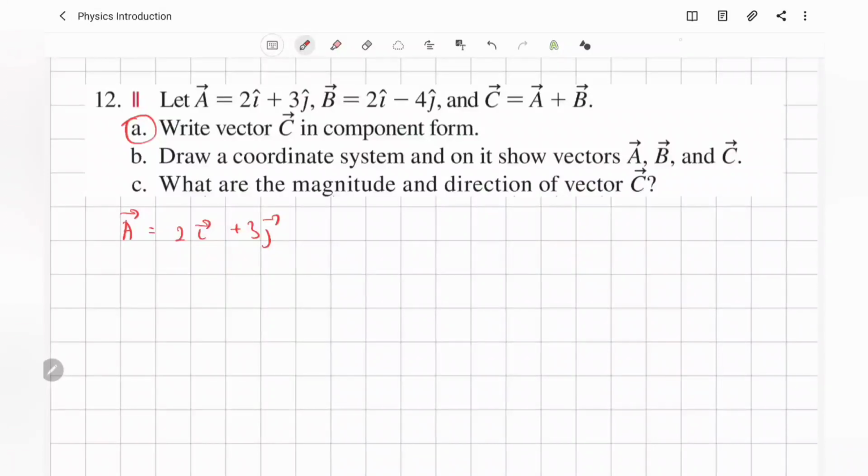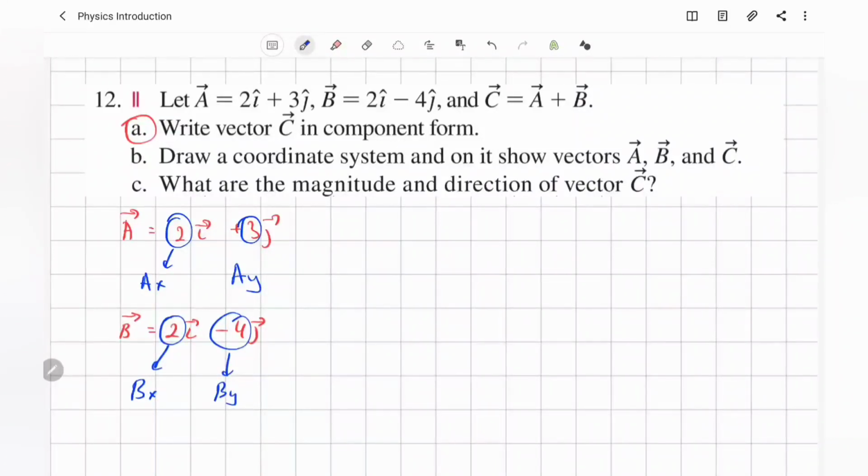As we said before, 2 is the x component, 3 is the y component: Ax, this will be Ay. Now let's come to the second vector. B vector equals 2i minus 4j. So this is the x component for B, this is the y component for B. As you see, it's a negative number.